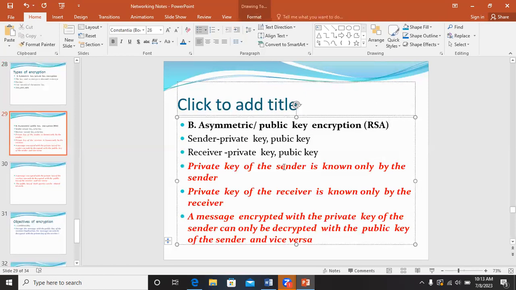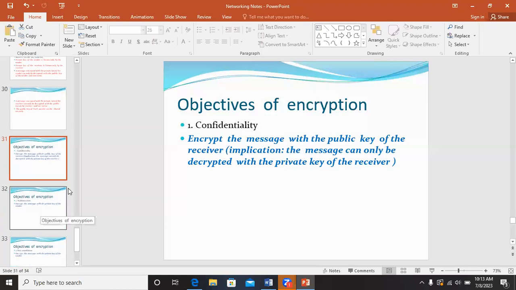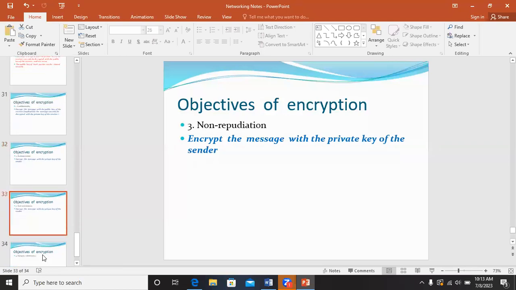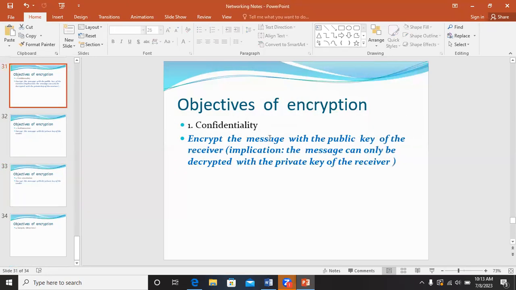So the third type of encryption. I said the first objectives of encryption, confidentiality, authentication, and non-repudiation, apply to asymmetric, even though confidentiality also applies to symmetric, obviously.